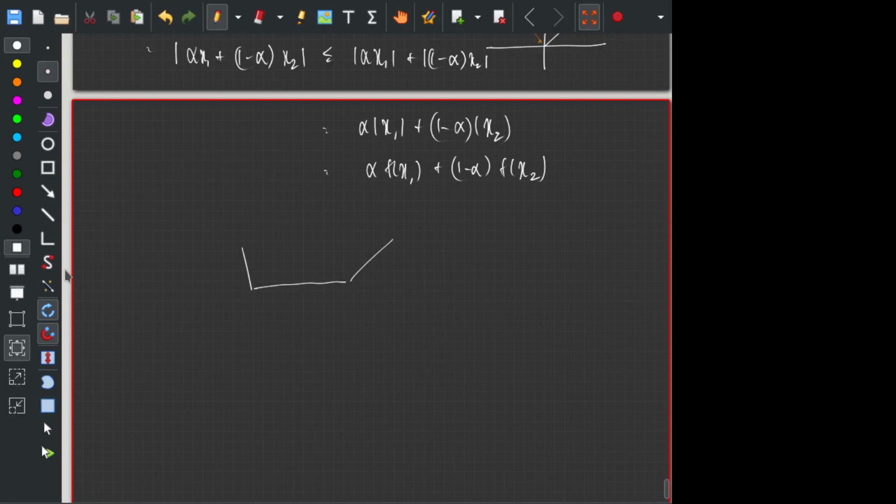In general, you can have multiple points of minima. With multiple minima, the value of the function would still be the same. In particular, there can be only one minimum value. You cannot have multiple local minima, right?